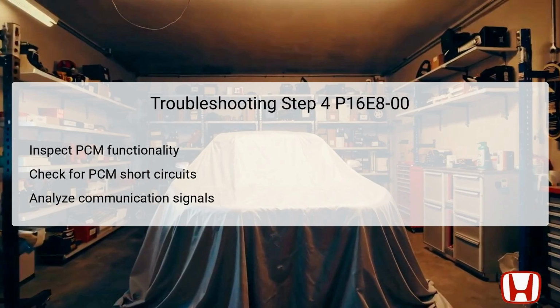In this step, the examination of the PCM becomes critical, especially if previous inspections have yielded normal results for other components. The PCM must be checked for short circuits, as any internal faults can disrupt its ability to communicate effectively with the shutter grille. Additionally, analyzing the communication signals can help ascertain whether they are being properly received and processed by the PCM.